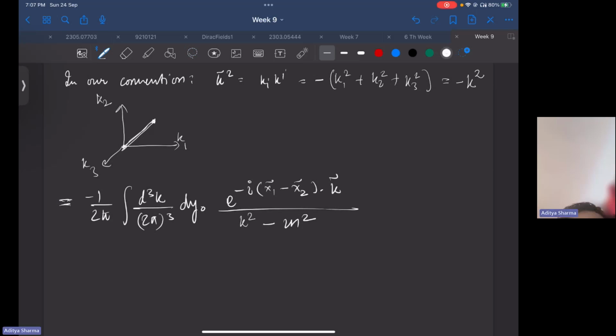And due to the minus sign, this minus and this minus will come out and cancel with this minus. So I'll have a total plus here and I'll remove this minus. So 1 by 2 pi cubed.